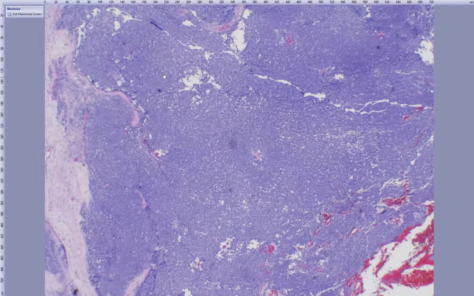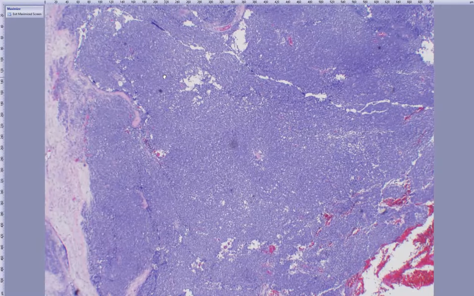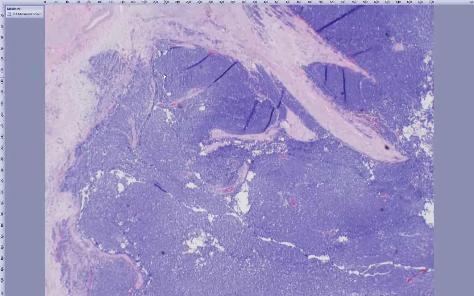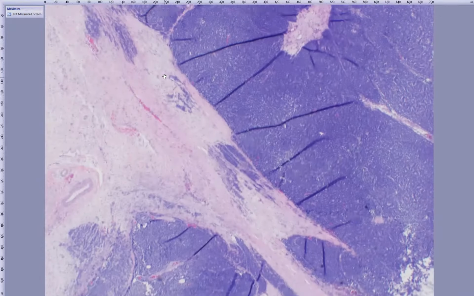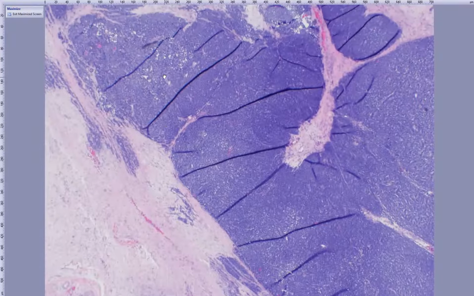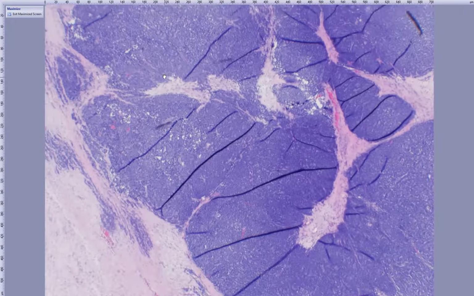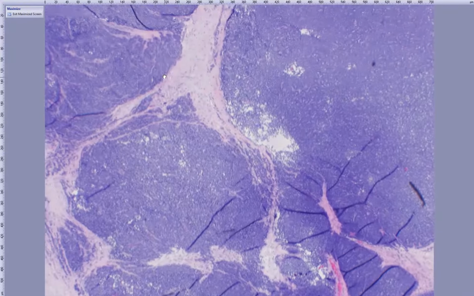So, like I said, it can be at times a little bit challenging if you have a tumor that's composed completely of blastema. And so this tumor is an example of that. This is a so-called blastema predominant Wilms tumor. And gosh, it's really kind of tough to make out whether there's any epithelial elements or not.